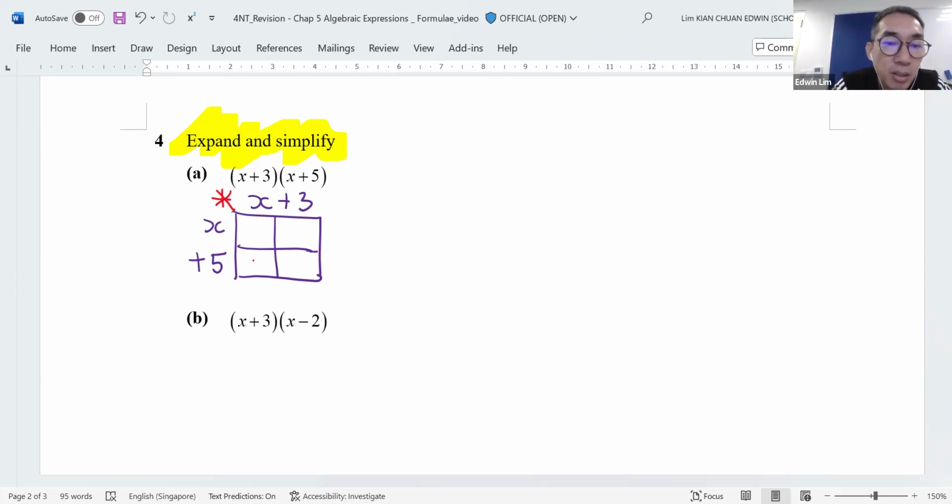X times x, x squared. X times positive 3, plus 3x. Positive 5 times x, plus 5x. And lastly, positive 5 times positive 3, plus 15.